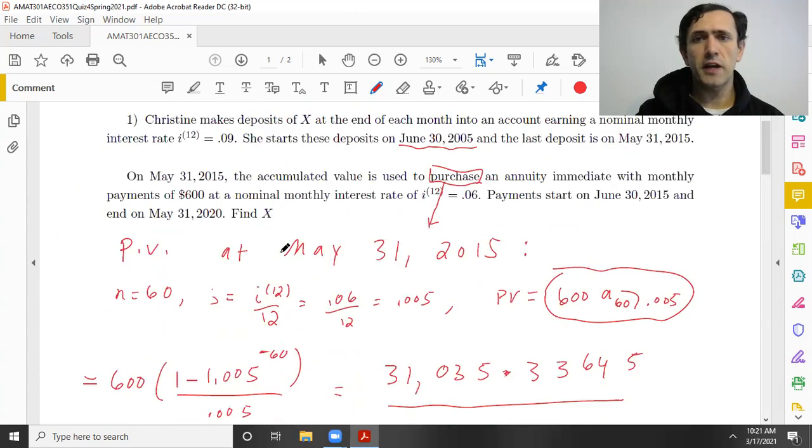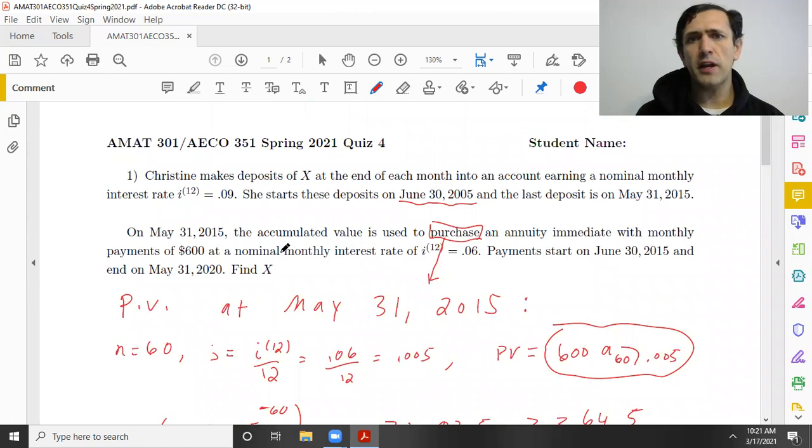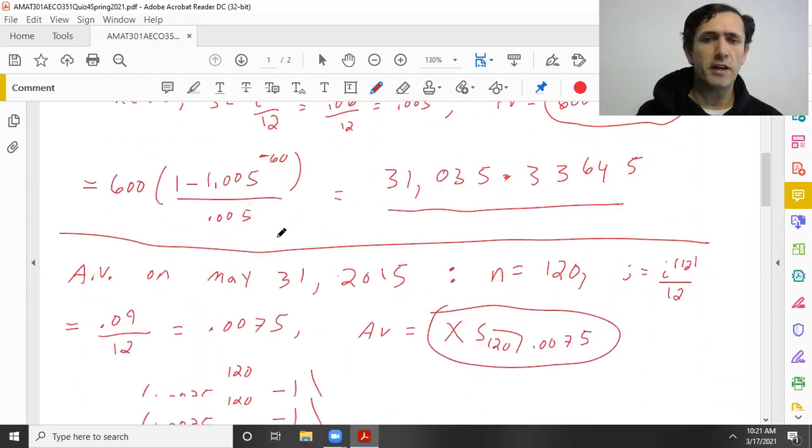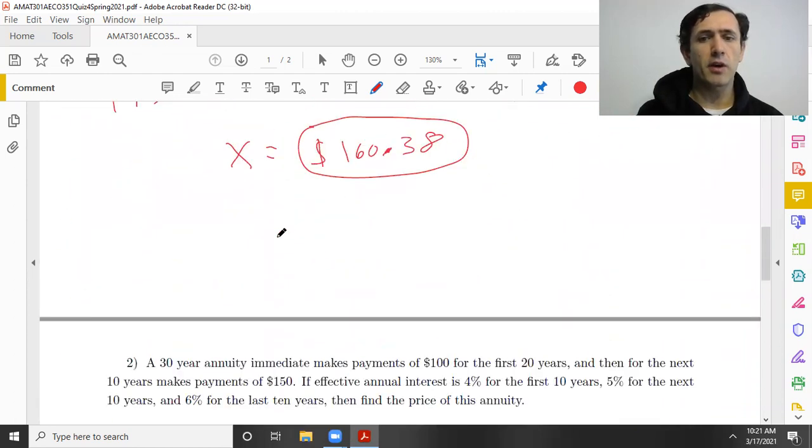Anything else, I'll say monthly payments, weekly payments, whatever. But if I do say a 30-year annuity, then it's implied that payments are yearly.